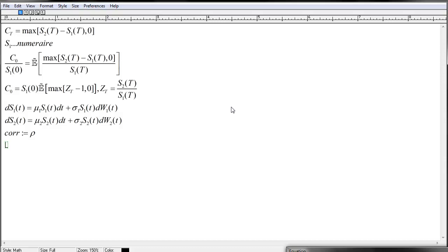So to capture the dynamics, we will use the differential form.